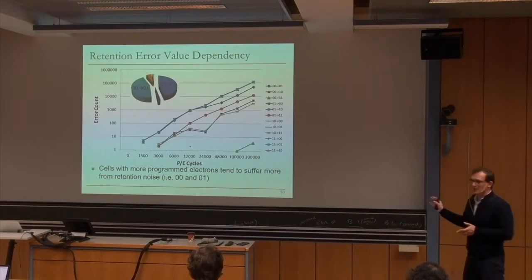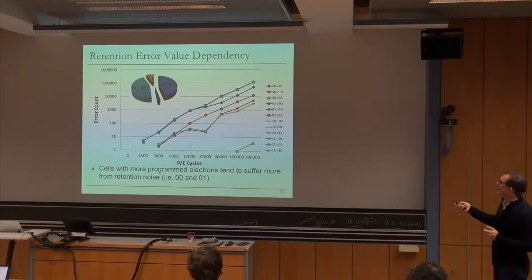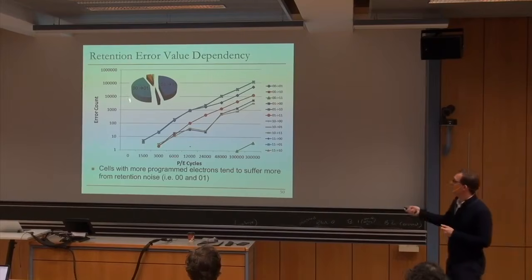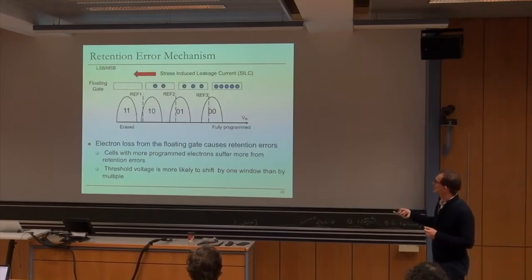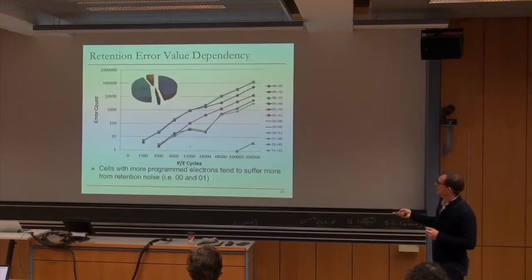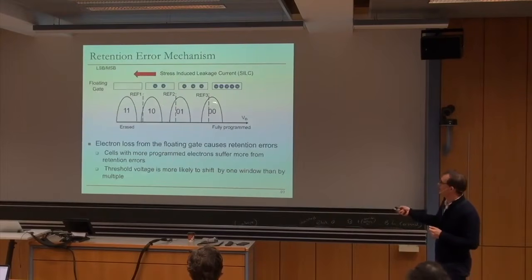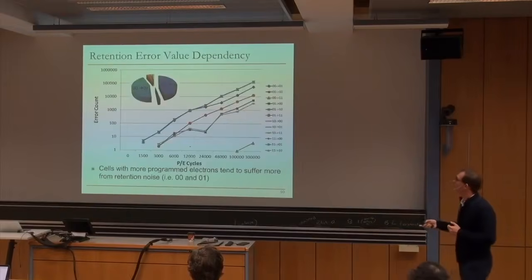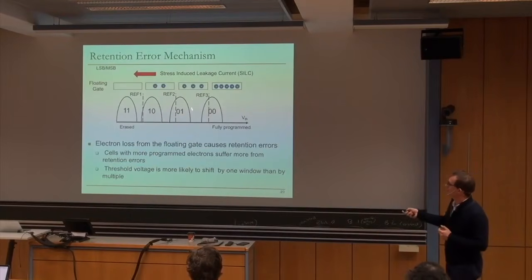And it's very similar to DRAM. There's value dependency in these errors. This basically looks at the value dependency of the retention errors. And it turns out cells with more programmed electrons tend to suffer more from these retention errors. So going from 0, 0 to 0, 1 is the highest fraction of the errors, as you can see. And those are the states that have more electrons, as you can see over here. And 0, 1 to 1, 0 is also pretty high.